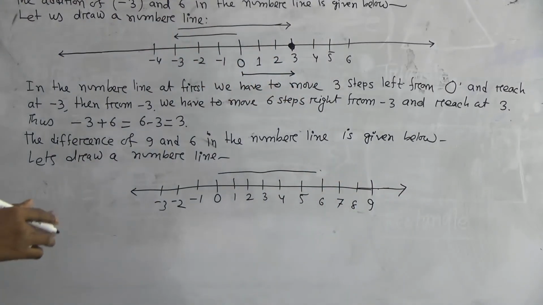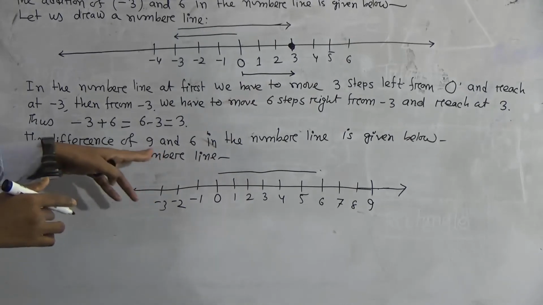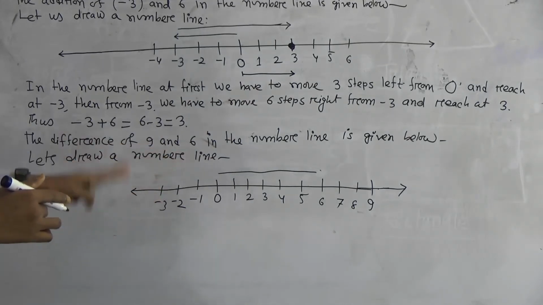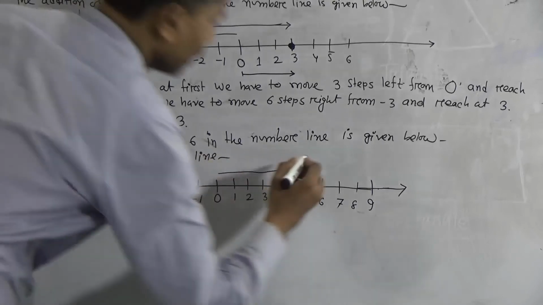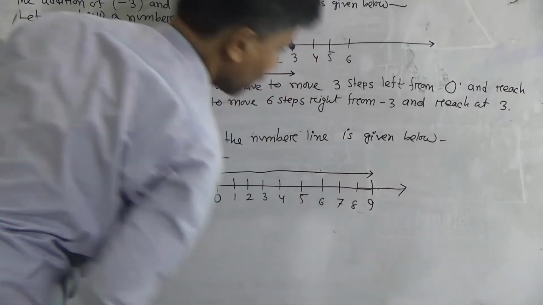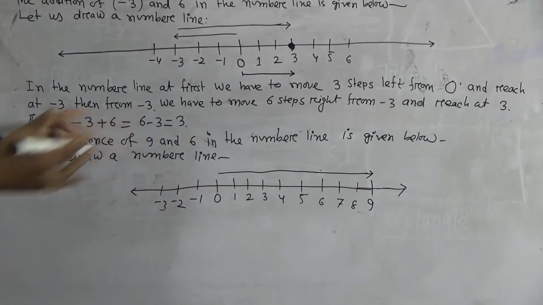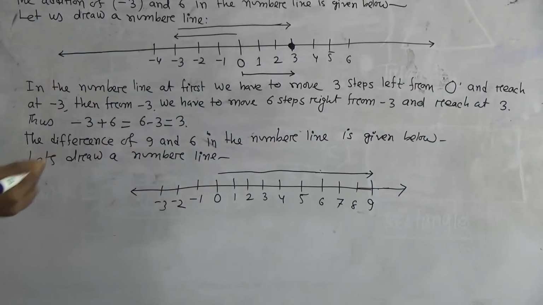At first we have to move 9 steps. Okay, the difference of 9 and 6, so you have to move 9 steps. Look, this is the 9 steps. Then from this one we have to move 6 steps left from 9.